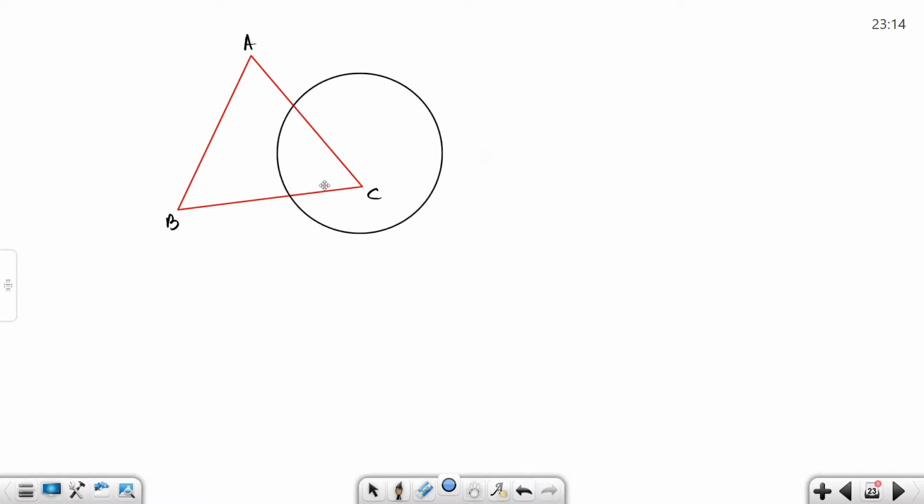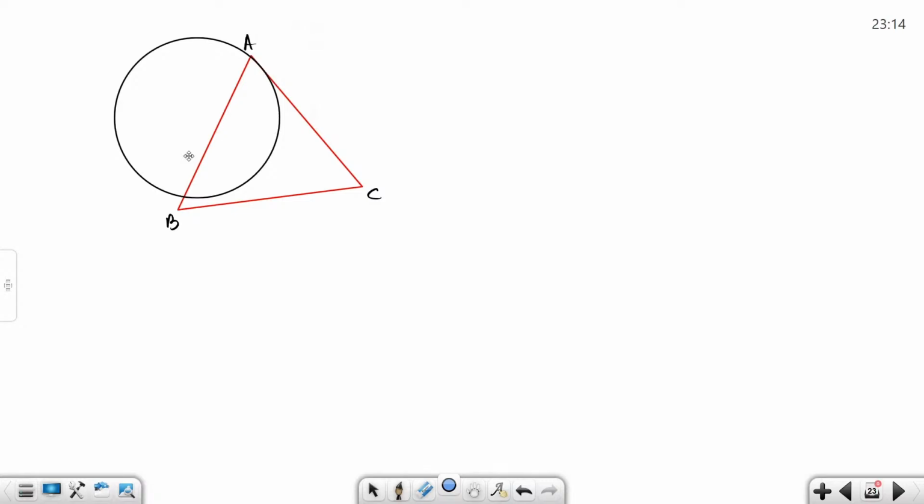So if I just draw the first circle, taking AB as the diameter, so this is the first circle that I have drawn, in which AB is the diameter. AB is one side of the triangle, taking that side as the diameter, we have drawn this circle.